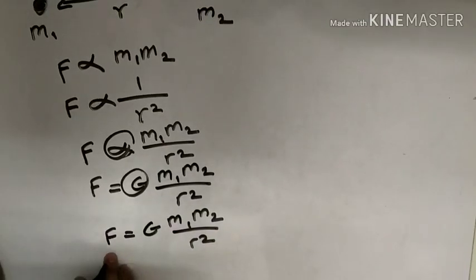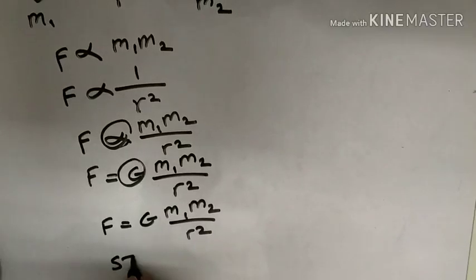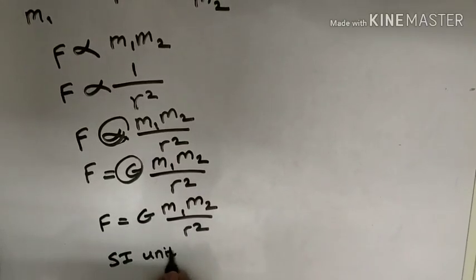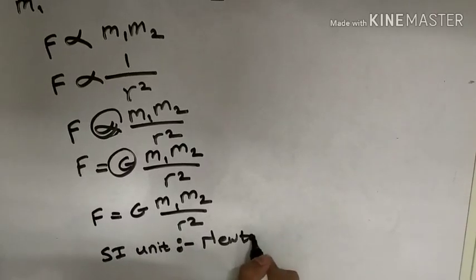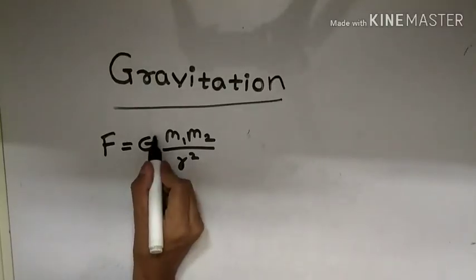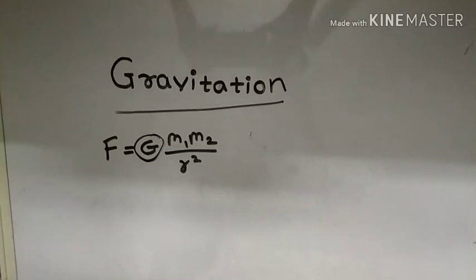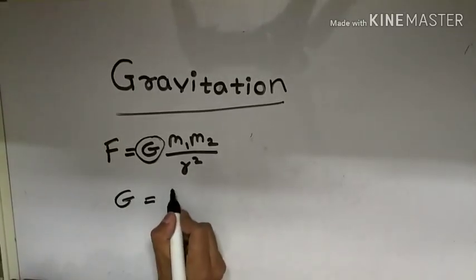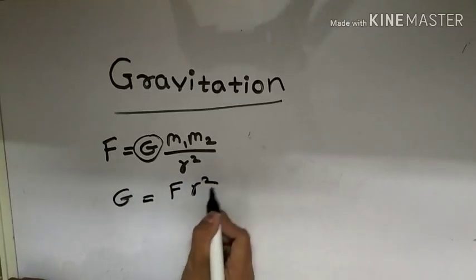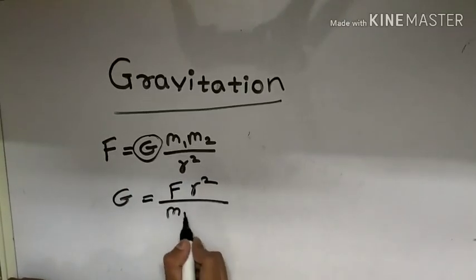Being a force, the SI unit of this gravitational force is Newton, and now we talk about this G. We can rearrange this equation as G is equal to F into r square upon m1 into m2.